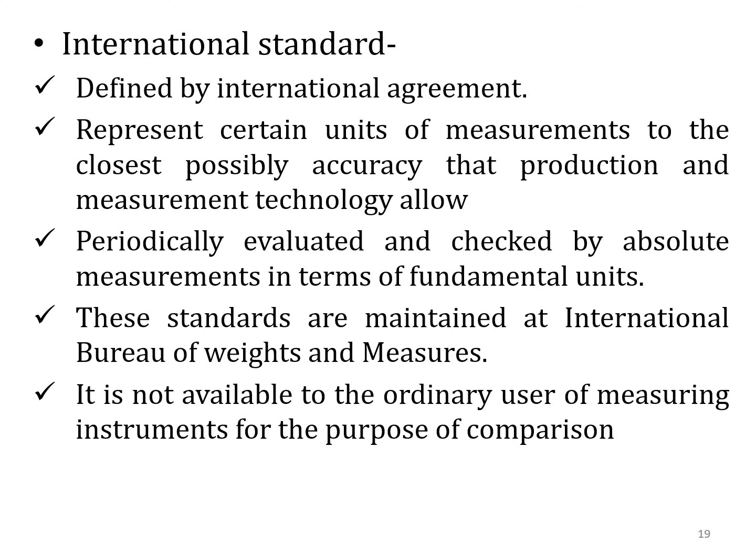It is periodically evaluated and checked by absolute measurements in terms of fundamental units. These standards are maintained at the International Bureau of Weights and Measures. It is not available to the ordinary user of measuring instruments for the purpose of comparison. So this is about the international standard.